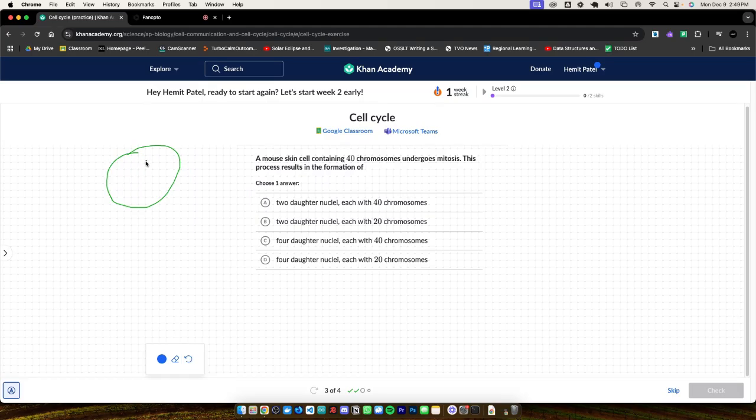But let's say we have our chromosome here, and it's only one chromosome. So during, let's say, prophase, that's the disintegration of the nucleus. So the nucleus no longer exists, so we can go ahead and erase the nucleus.